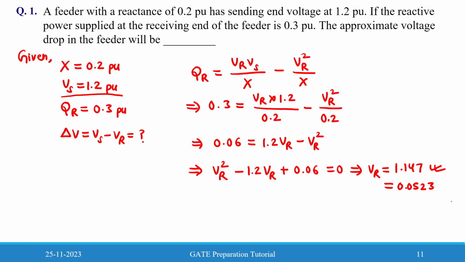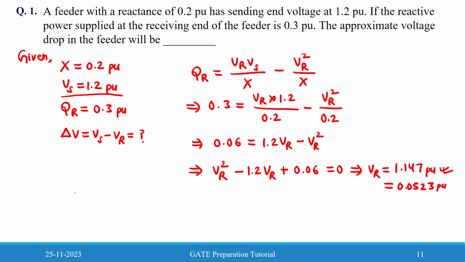So you cannot take a value that is very far from the sending end voltage. We have to take the value that is close to the voltage at the other bus. So this value we will consider.